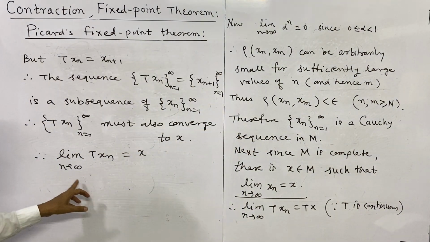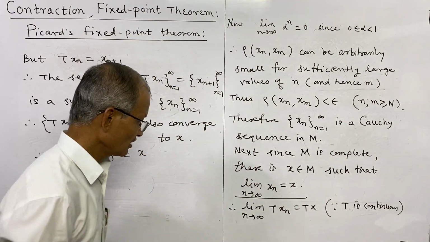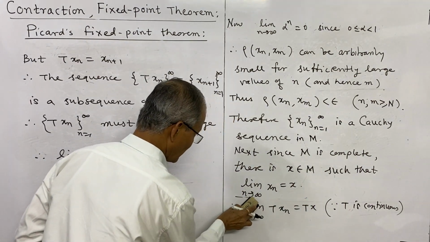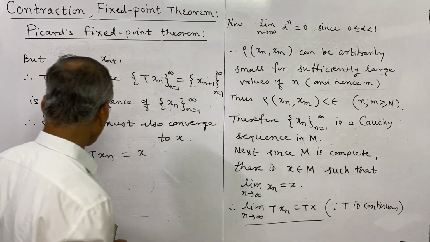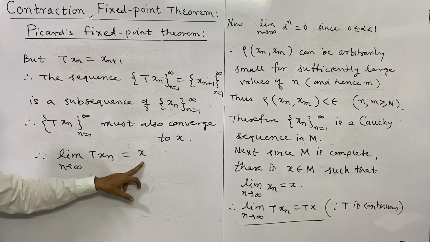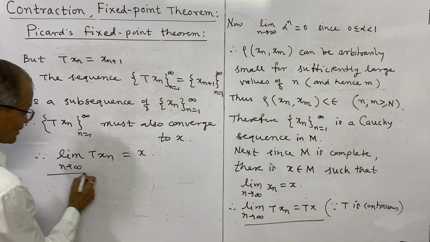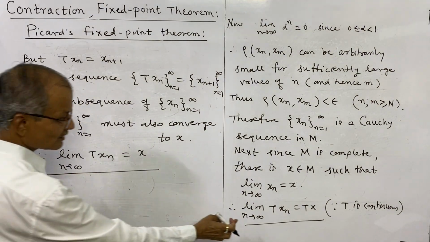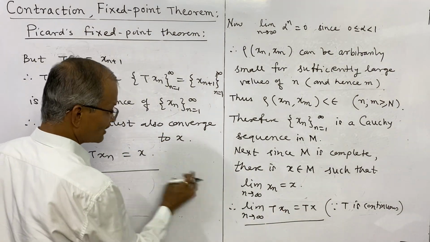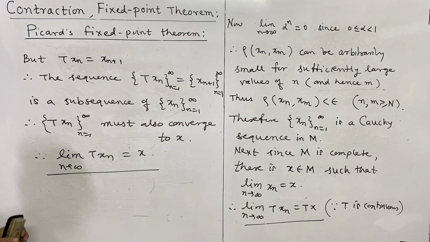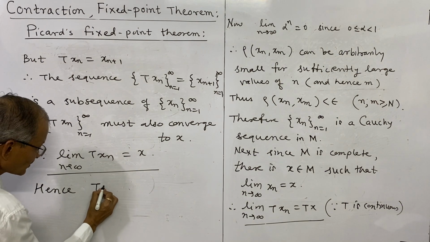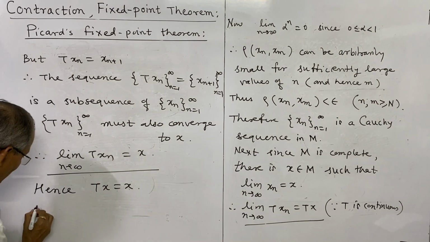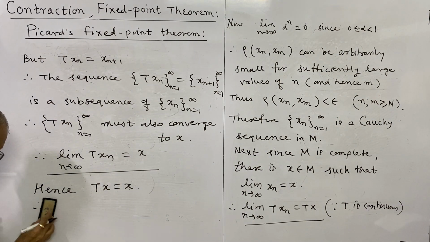Limit of xn is x. What is the limit of Txn? It is Tx, and here the limit of Txn is x. And thus what this shows, the left side is the same, and therefore their right side must be the same. Hence Tx is equal to x, and therefore x is a fixed point.